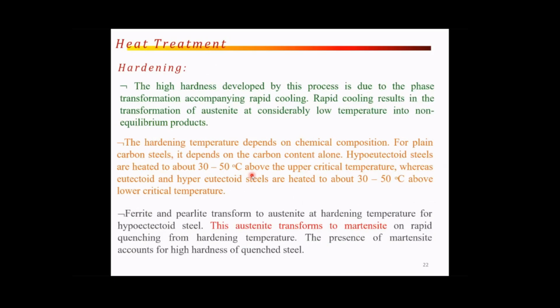The hardening temperature depends on the chemical composition. For plain carbon steels, it depends on the carbon content alone. Hypoeutectoid steels are heated to about 30 to 50 degrees Celsius above the upper critical temperature, whereas eutectoid and hypereutectoid steels are heated to about 30 to 50 degrees Celsius above the lower critical temperature.